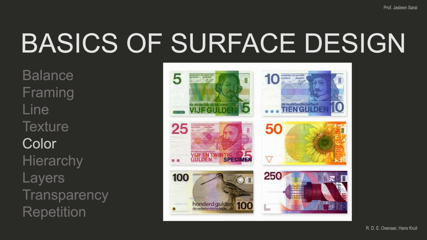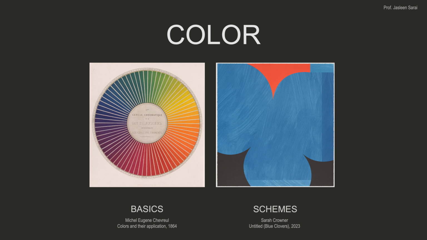I'm just going to give you a very quick introductory to color. There is a whole other class on color theory if you're interested in taking that. But just as a basic of surface design, of 2D design, here's a little introduction to how to use color in your designs.